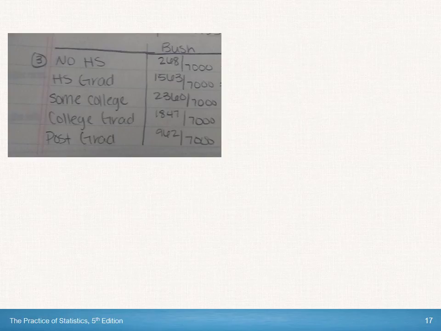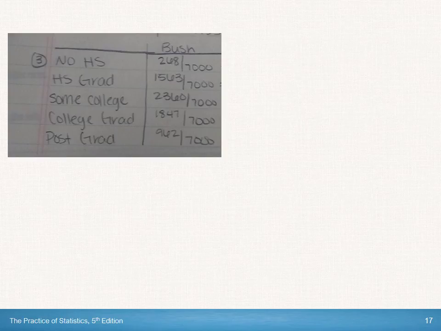So we still want it of education, but we want it among the Bush and Kerry voters, as a percentage. So we're going to take the first number under Bush, so the people in Bush who had no high school, we take that out of the total number of Bush voters. So our first one's going to be 268 divided by our total Bush voters of 7,000.